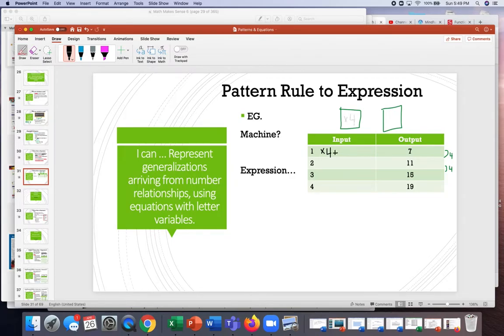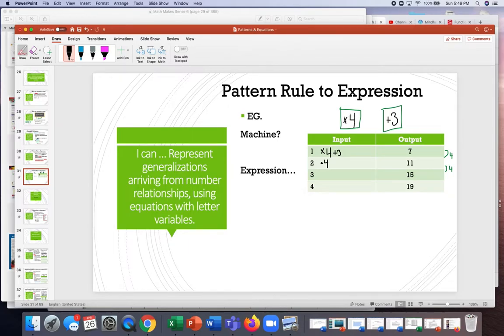Maybe that's going to be it. That would give us 7. 2 times 4 is 8. 8 plus 3 is 11. Yeah, that's it. That was lucky. That worked right away. So happy days. We figured this out. Times by 4 plus 3.